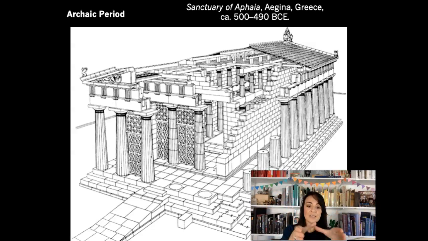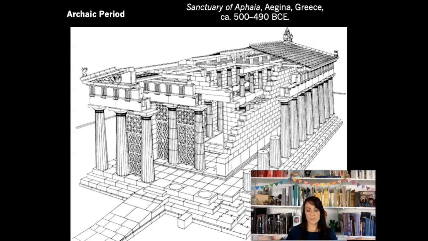And that enclosed space wouldn't have any windows. There would be front doors that would look out at the altar. Inside of this enclosed space would then be a statue of the god or goddess that this is dedicated to. And the idea being that the god or goddess could inhabit that statue in this temple, look out those doors at the altar.